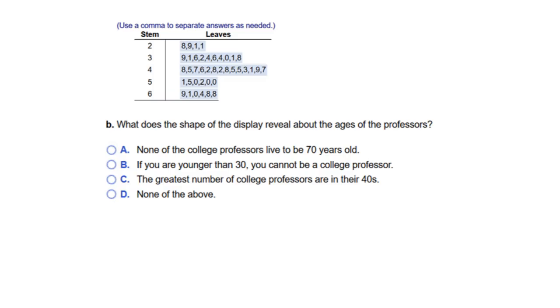C, the greatest number of college professors are in their 40s. So if you take a look at our stem, definitely we have a majority listed in their 40s. And D is none of the above. The only one that is true would be your choice C. So once again, we're using a stem and leaf plot to help us answer a question.